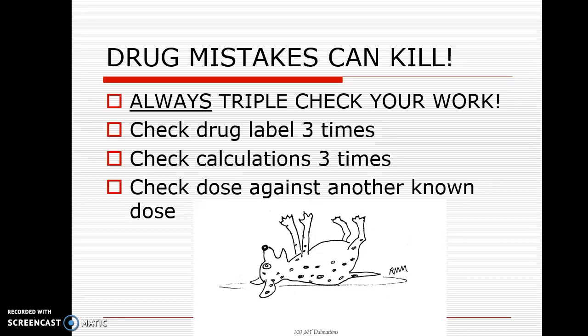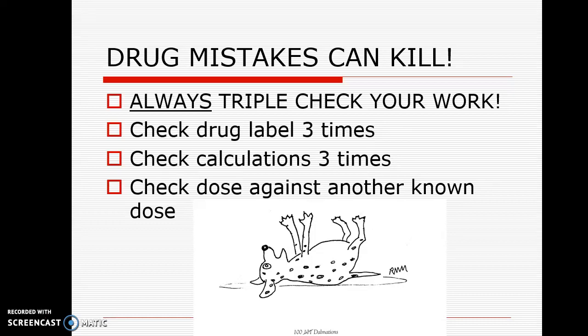If you're familiar with another client that is being given this drug, or you can ask someone in the clinic to double check you. There's a lot of different ways to think about this. Definitely, if you're giving something that is inappropriate for that size of animal, too small of an amount or too large of an amount, let's say for a small animal, that can get to be known.